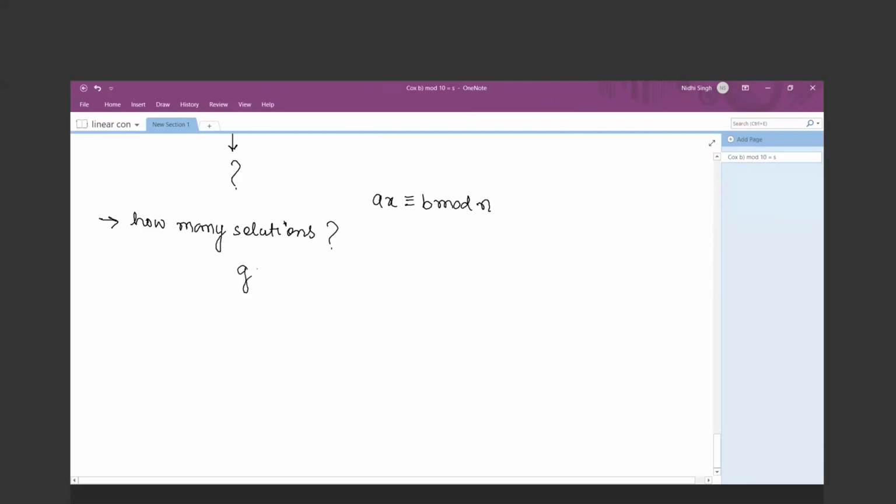So for that we have to find out first the GCD of A comma n, GCD of this value and this value, and that is stored in another variable, that is D. Now the first condition you have to check: if the value of B, this one coefficient, is divided by D, then we can say D solutions are possible.